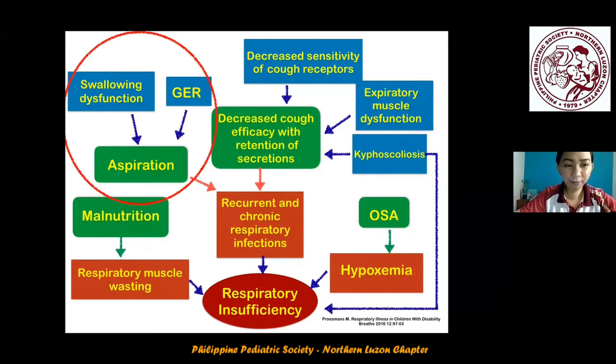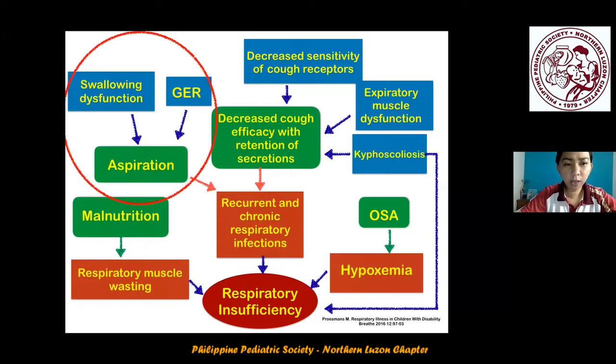Here we see that swallowing dysfunction and gastroesophageal reflux, or GERD, are potential contributors to lung disease development. I will be focusing my discussion on these two, as these are the main drivers in aspiration, which potentially causes recurrent respiratory infections and eventually parenchymal injury.